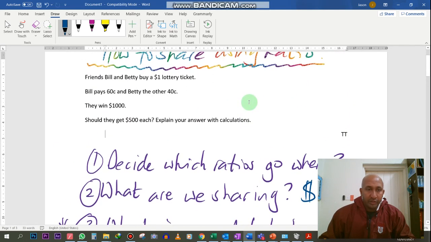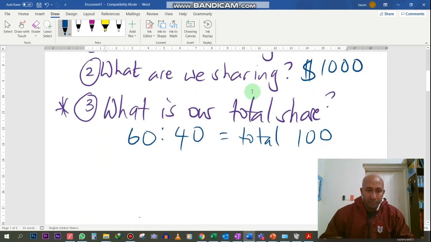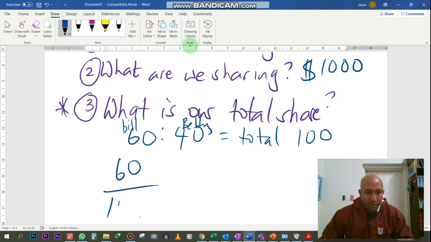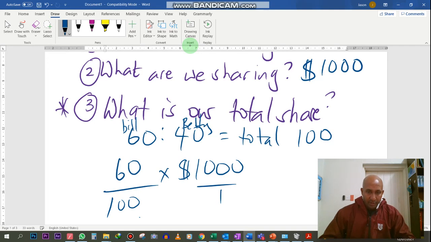So if we want to figure out what Bill's share is going to be, Bill is the first name, so his name is attached to the first ratio. This is Betty. Bill is going to be 60 out of our total share of 100, multiplied by, we're trying to figure out what his share of $1,000 is going to be. We can divide by 100 straight away here, or divide by 10. 10 into 60 goes 6 times, 10 into 100 goes 10 times.